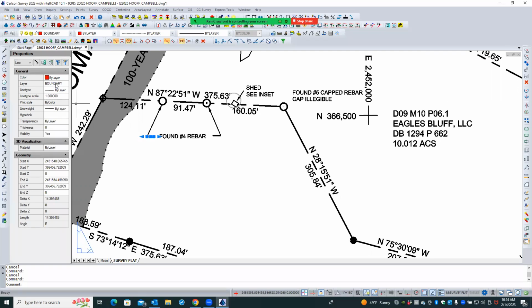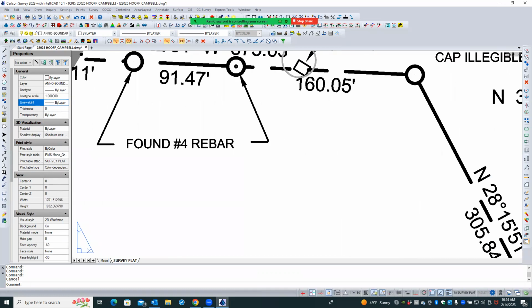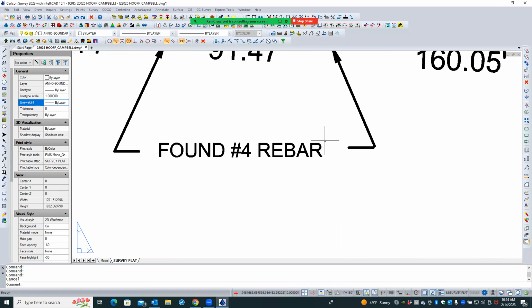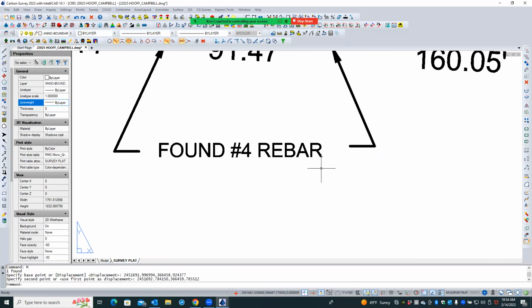This is on layer boundary. So I would set that line weight to be probably default, would match. There we go. And I'd also make sure that I'm exactly on those endpoints. There we go.